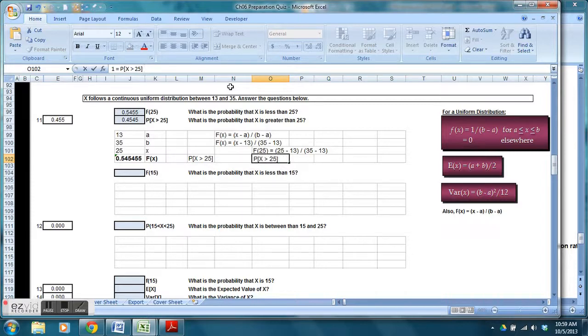The probability that x will be greater than 25, then say, what's the converse of that? What's everything else? The probability that x will be less than or equal to 25. Now, the probability that x is less than or equal to anything is the same thing as big F of 25. So now we subtract f of 25 from both sides.